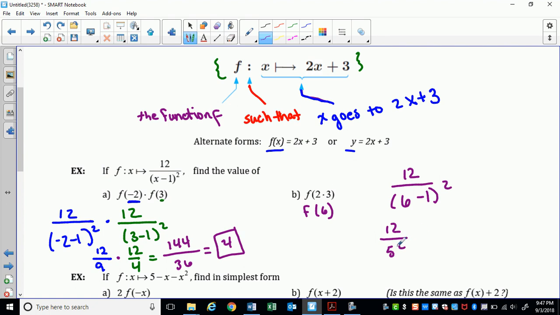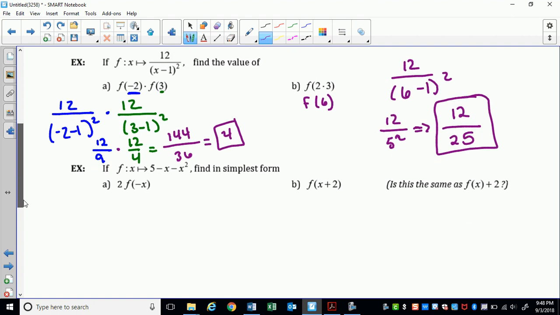And then my last step will be 12 divided by 25. And then check to see if they have any common terms. I do not believe so, but they might. Always factor them out if you can. Simplify your fraction if you can.